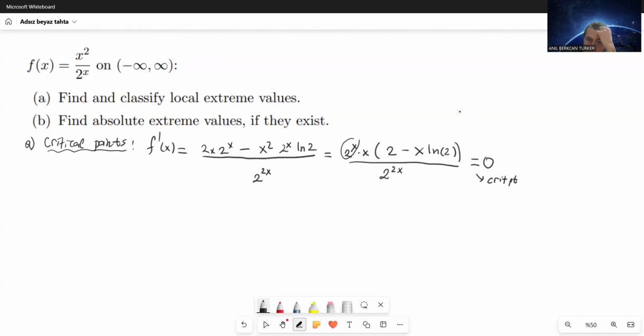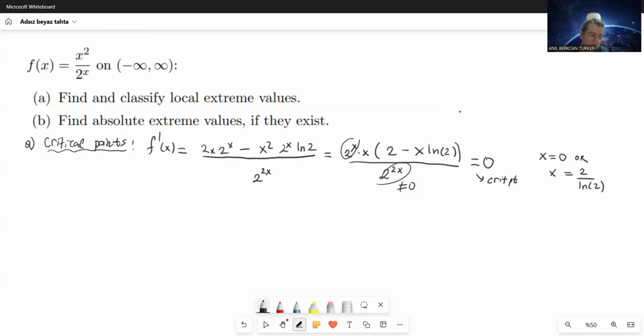The 2x and this 2 to the power 2x are never zero. So x is 0 or x is equal to 2 over ln 2. Those are my critical points, the only critical points.